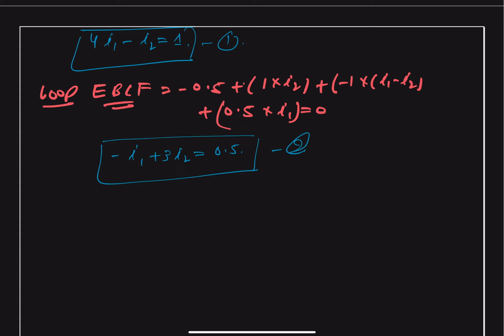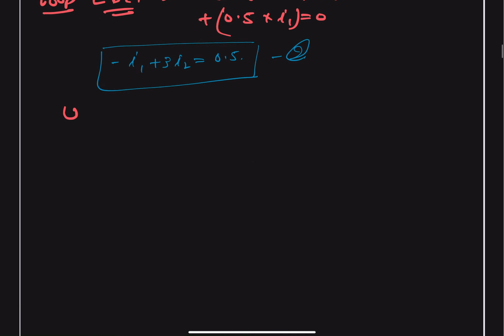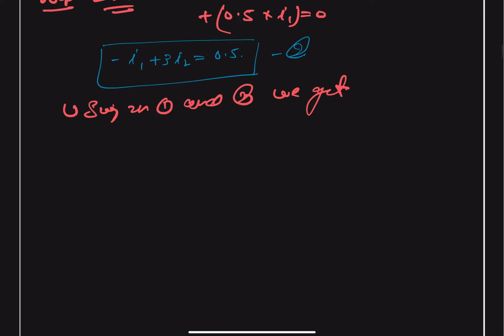So using equation 1 and 2, these are two simultaneous equations, and we can easily solve them. Let me write the results directly. We are going to get I1 equal to 7 upon 22 ampere, and I2 equal to 6 upon 22 ampere.